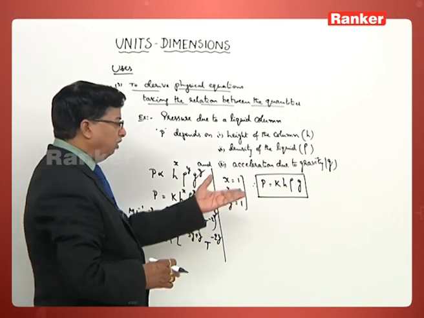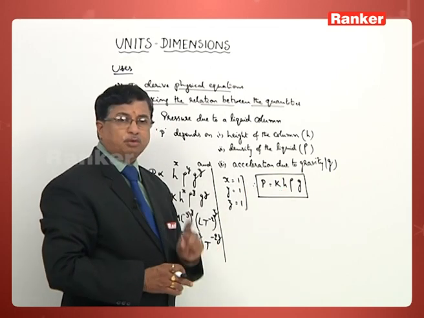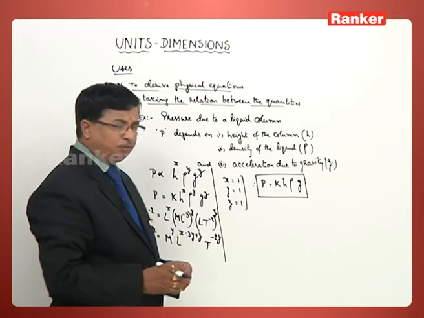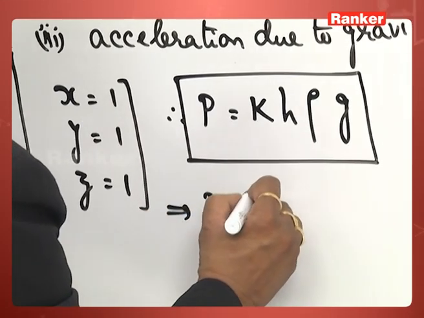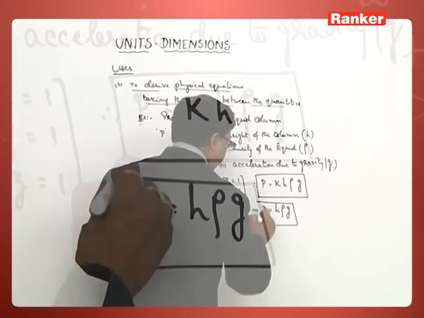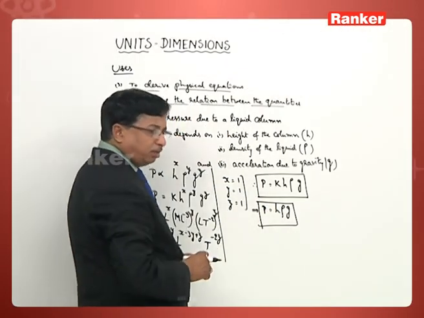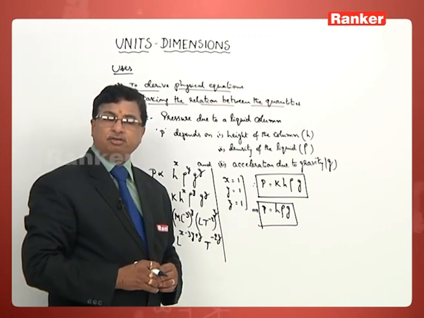But we all know well that the k value in this equation is going to be 1, because we are all aware of this equation. Pressure due to any liquid column is h rho g, that is the actual formula. h is the height of the liquid column, rho the density of the liquid, and g is acceleration due to gravity.